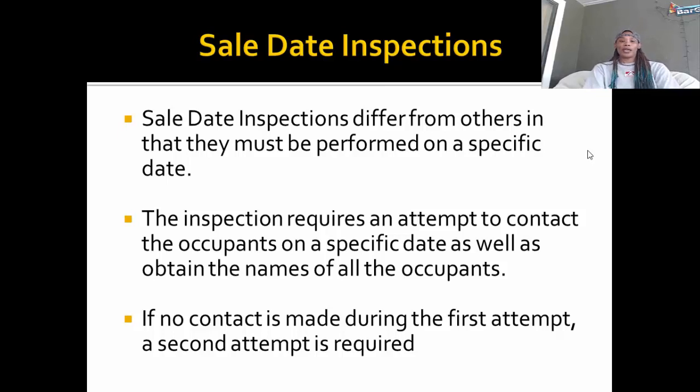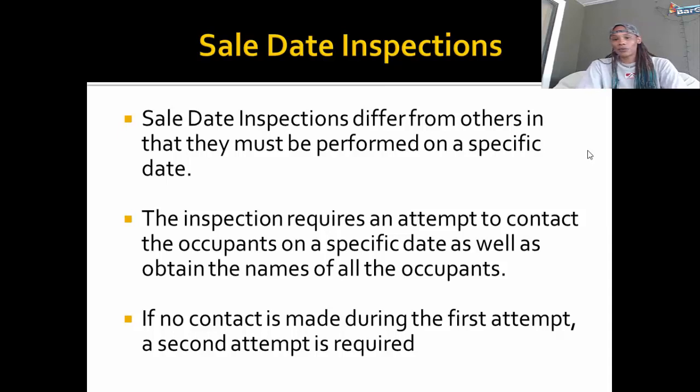This inspection requires an attempt to make contact with the occupant at the residence on that specific date, and also to try to obtain the names of the occupants living there. If it's the homeowner living there, you want to try to get the name and a phone number, or just the name of that occupant.